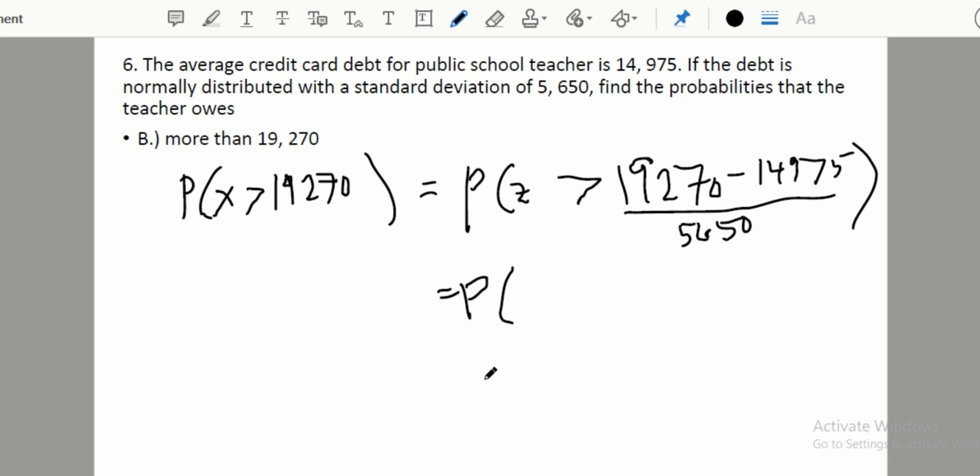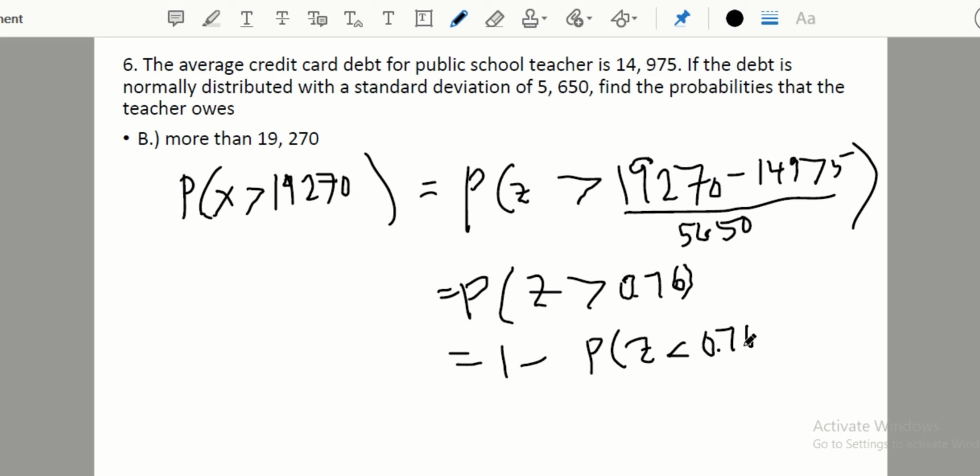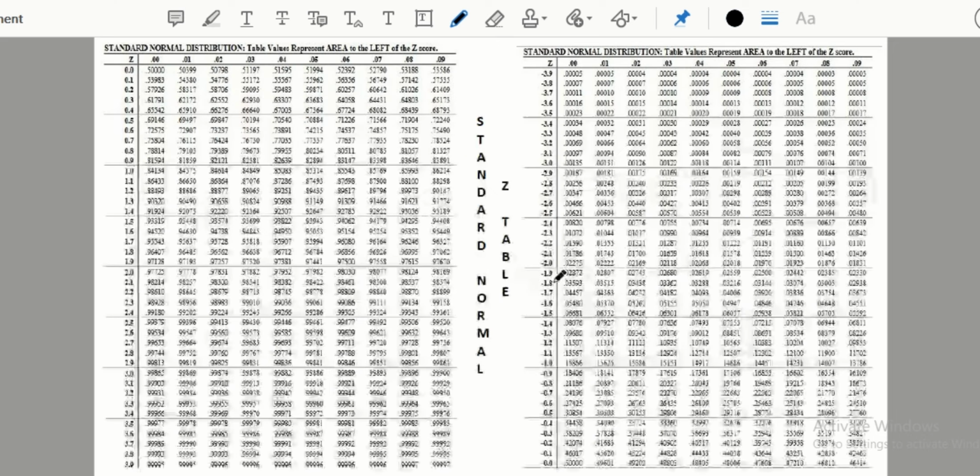Okay, so this is now, what is this on the calculator? 19,270 minus 14,975 divided by 5,650. So this is equal to 0.76. So again, this is greater than. So when greater than, we'll just take 1 minus the area to the left, because again, our table is the area to the left.